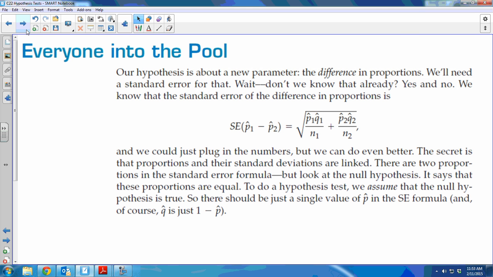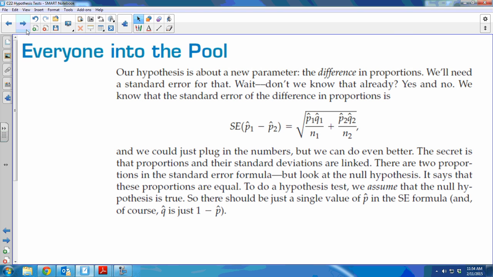Keep in mind, in our one proportion z-test, for example, we assume the null hypothesis is true all the way through it, and we used actual p all the way through the test, and then if the p-value was low enough, we're like, oh, this is shocking and surprising, based on the fact that the null hypothesis was true, right? So same thing in this test, we're going to assume the null hypothesis is true all the way through, right? Our null hypothesis says that the proportions are equal to each other, right?